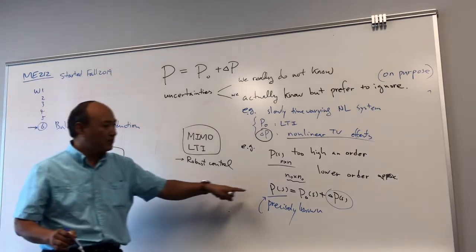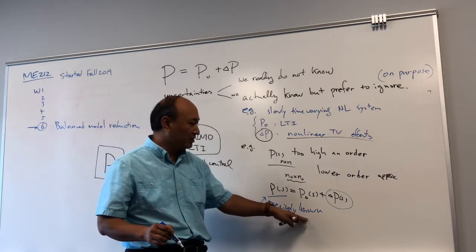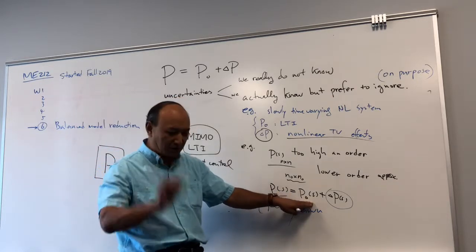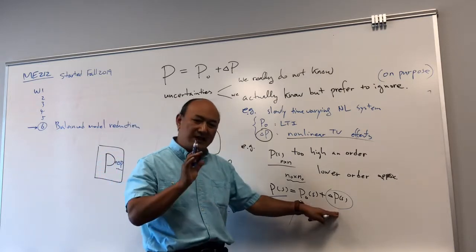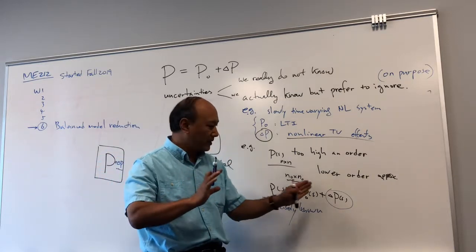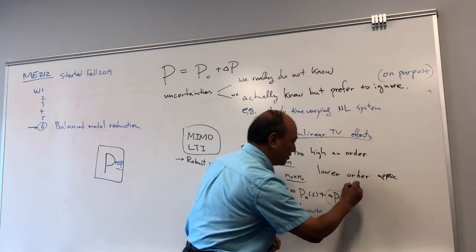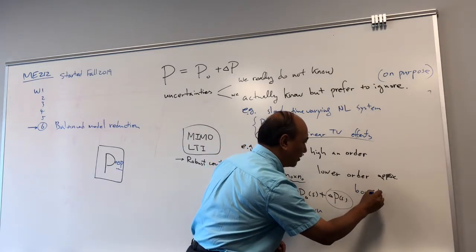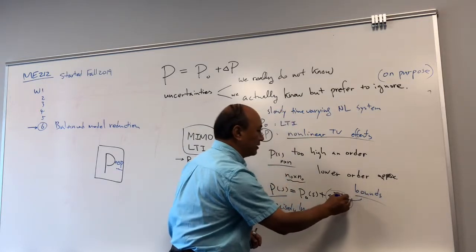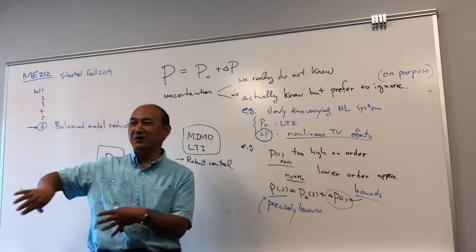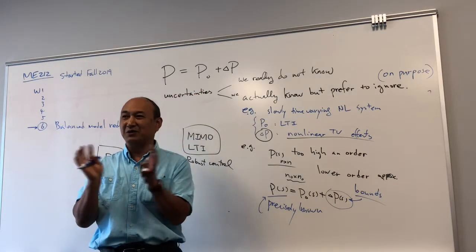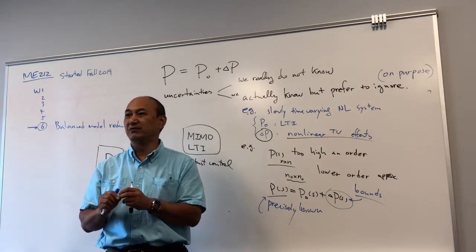When this is precisely known, how can we get a lower order approximation while I know the bound of what I truncated? I just threw away those things, and I know exactly how much I threw away. I know the bounds.